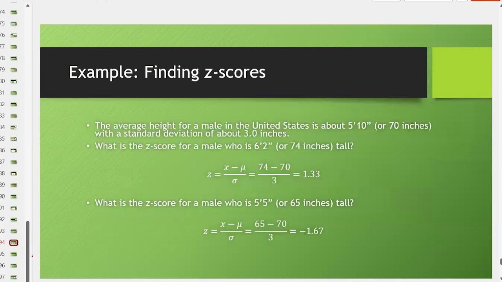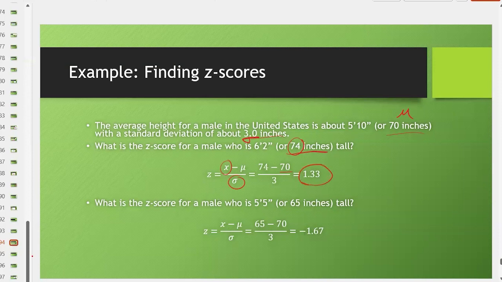So for now, we're just going to talk about calculating z-scores. Let's say the average height for a male in the United States is about 70 inches, with a standard deviation of about 3 inches. To find the z-score for a male who's about 74 inches tall, we're going to take our raw score, the value we're interested in, which is x, subtract our population mean, and then divide by the population standard deviation, and that gives us the z-score.